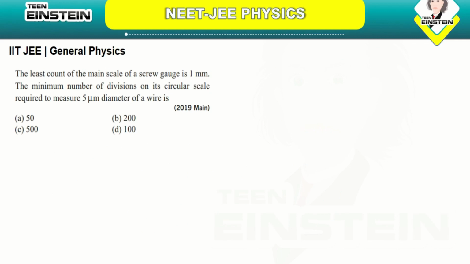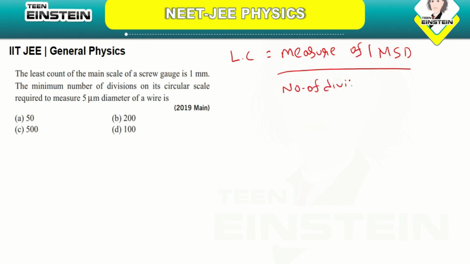So generally in a screw gauge, the least count is given by the measure of one main scale division divided by the number of divisions on the circular scale. So here the minimum value to be measured per least count is 5 micrometer. According to the given values, you have to find out the number of divisions.